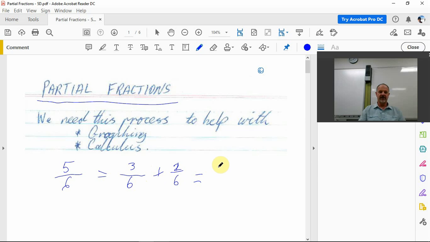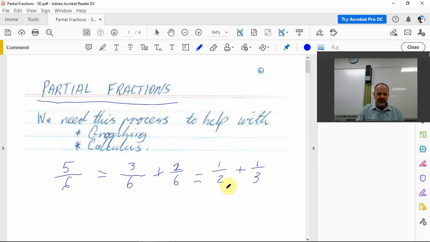Then I can cancel down. 3 goes into itself once, and into 6 twice, and 2 goes into itself once, and 6 three times. So effectively, partial fractions is what I've just done there. I've taken my original fraction and I've broken it up into the sum of some other fractions.